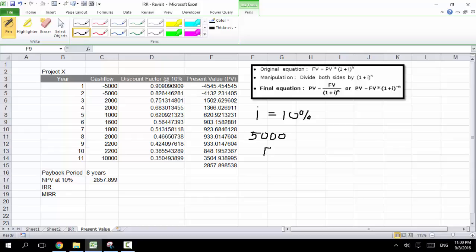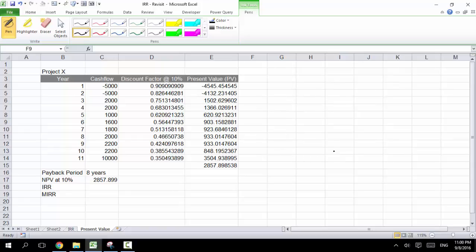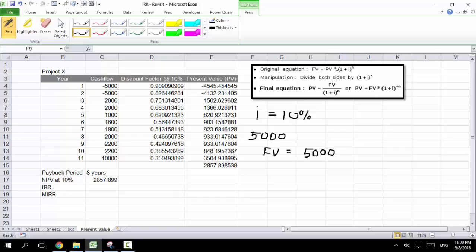So, we want to calculate future value. The present value is 5,000, and then times 1 plus the interest, which is 0.1, 10%, and multiplied by the number of years, right?